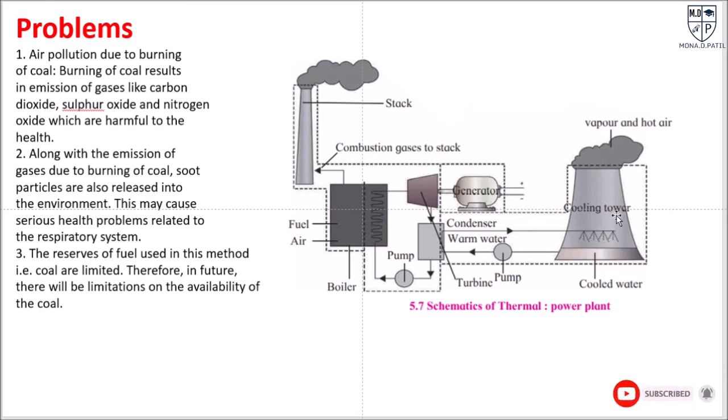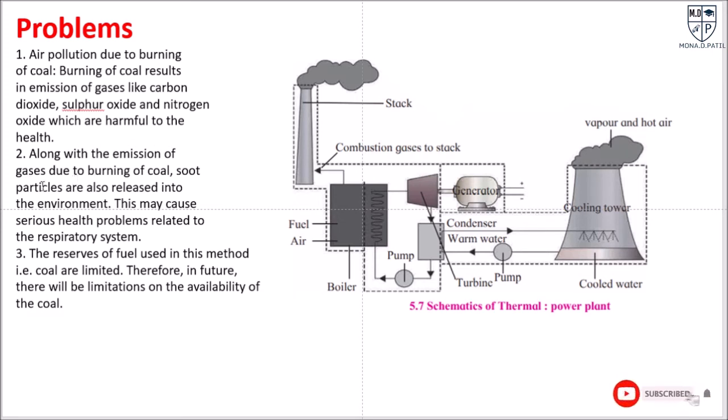Although thermal power generation is the major way of electricity generation today, it suffers from certain problems. The problems are given here. Air pollution is the main problem here, due to burning of coal. Burning of coal results in the emission of gases like carbon dioxide, sulfur oxide and nitrogen oxide, which are harmful to health.